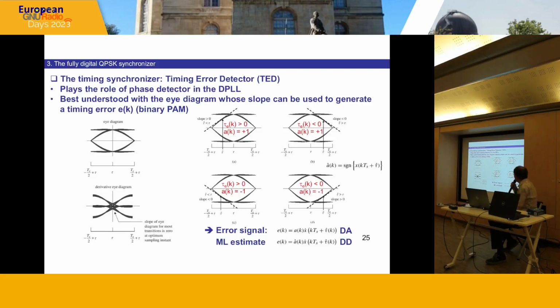All the cases are represented here. So what we can see is that for the error signal, we could use the expression that's represented here. It's the multiplication of a_k, which represents the data, and the derivative of x, which is, in fact, the eye diagram. So, in fact, that's just a representation of the maximum likelihood timing error detector.